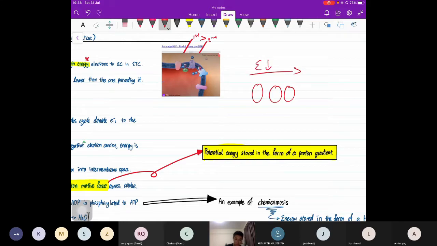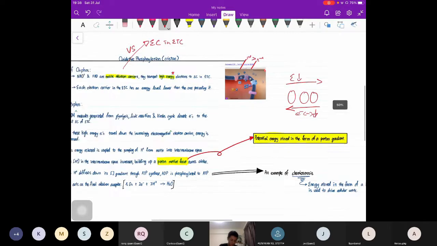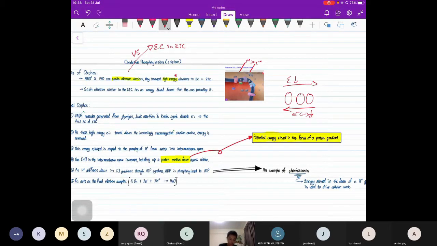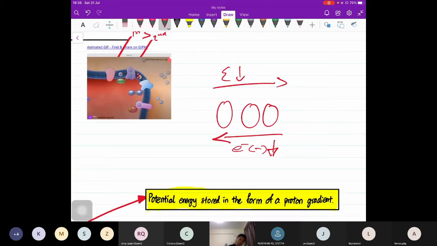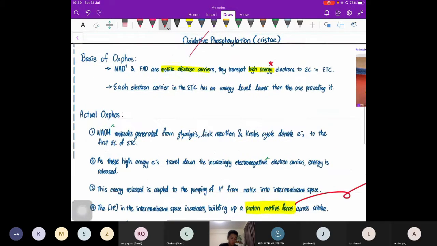Energy decreases in this direction. Electronegativity increases in that direction. So it gets increasingly electronegative, but the energy level decreases. So that's what it means. That's the basis of oxidative phosphorylation.